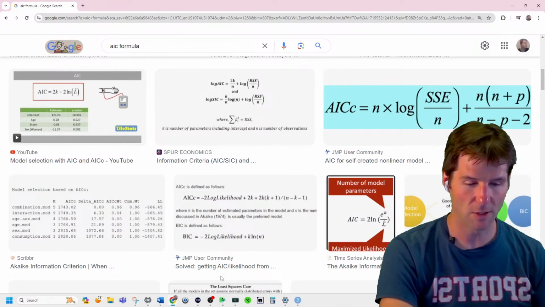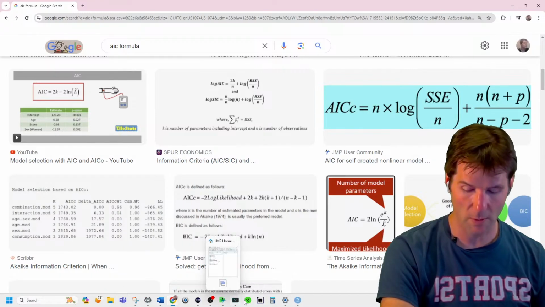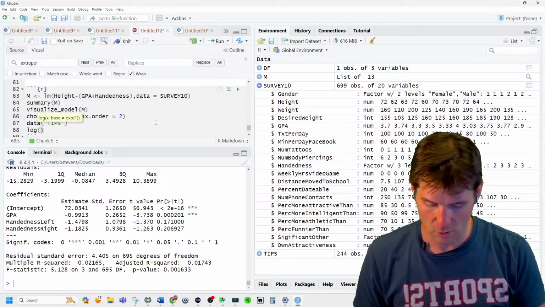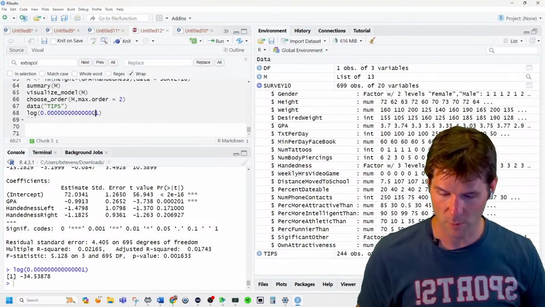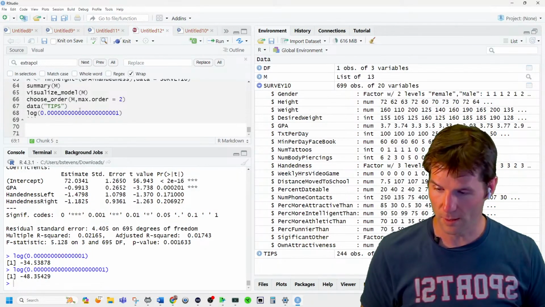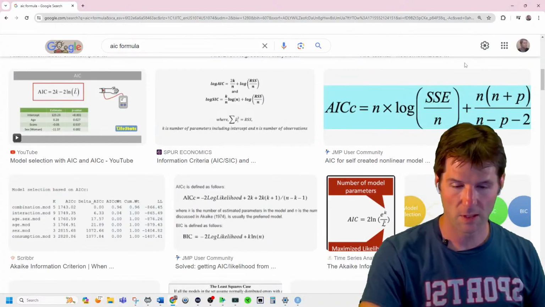It's a limit. It's undefined, but as you approach 0, the log goes to negative infinity. You just can't do log of 0, but I think R will actually say negative infinity. So it approaches the limit of that.